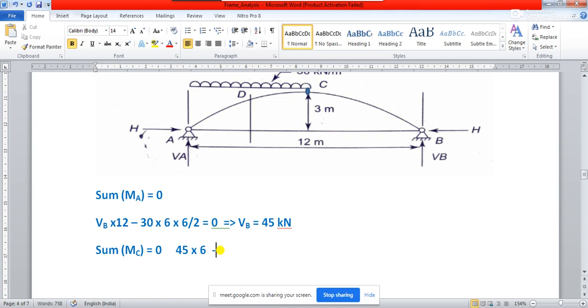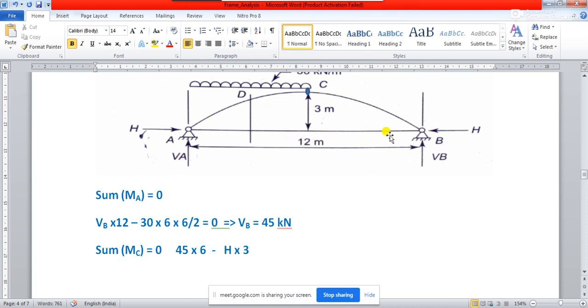Now minus, see this H, the action point of this will come over to here, and its lever arm distance will be the rise of the arch. So this is going to be H multiplied by 3.